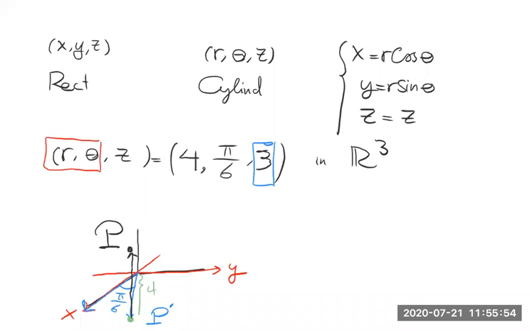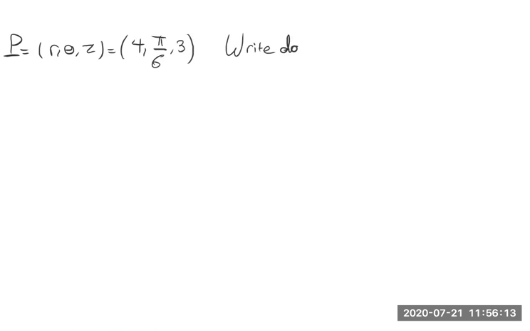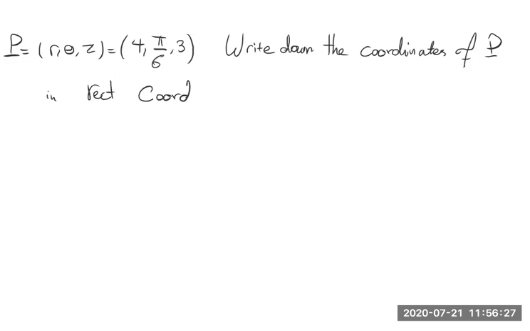So a question can be something like this. We have a point P, which in cylindrical coordinates is given with r, theta, z equal to 4, pi over 6, and 3. Write down the coordinates of P in the rectangular coordinate system.